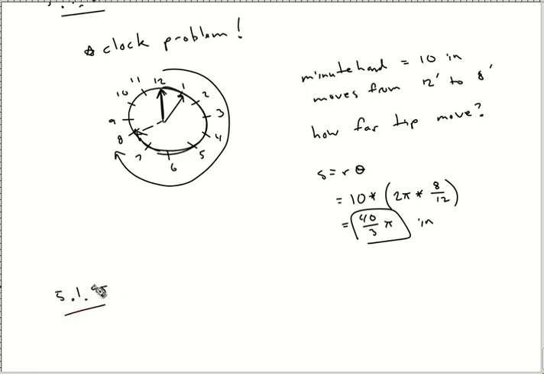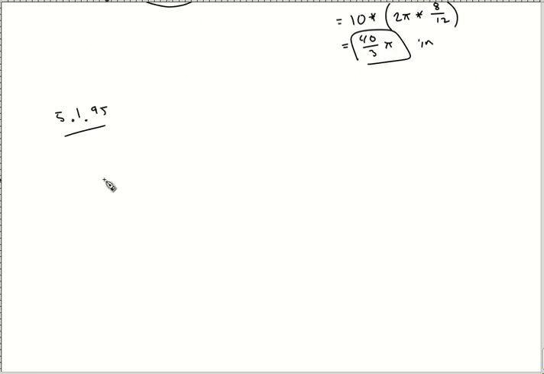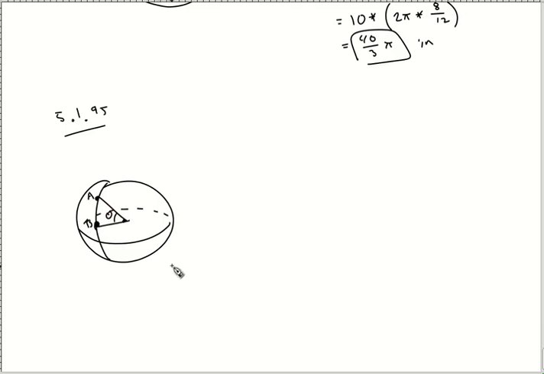5195. Okay. So I have a picture of Earth. And right here we have city B, and here we have city A, and from the center of the Earth, they're connected and they have an angle between them. What they're wanting here is the distance between these cities on the surface of Earth.